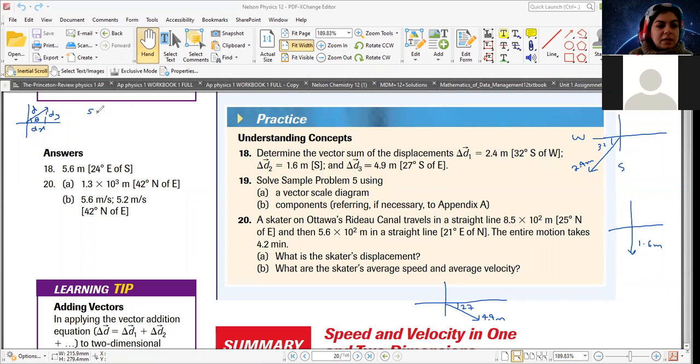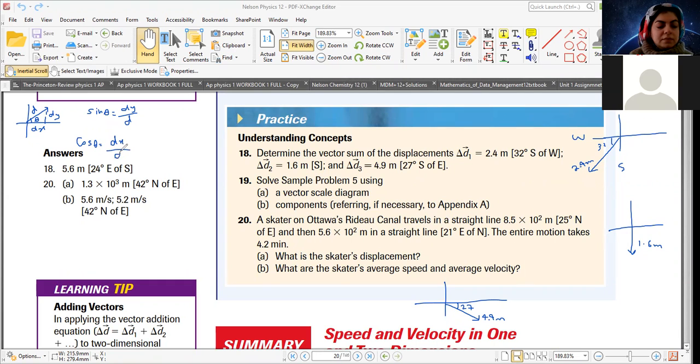Remember that sine theta is opposite over hypotenuse. Opposite is in front of that, dy over d. And cosine theta is adjacent over hypotenuse, dx over d.